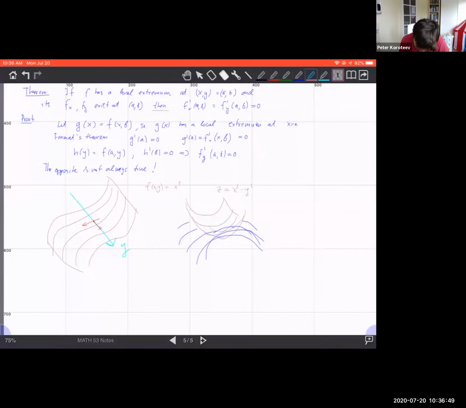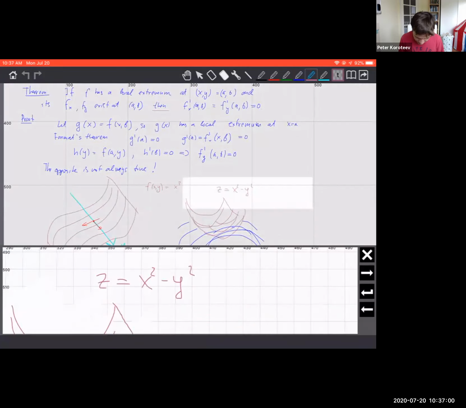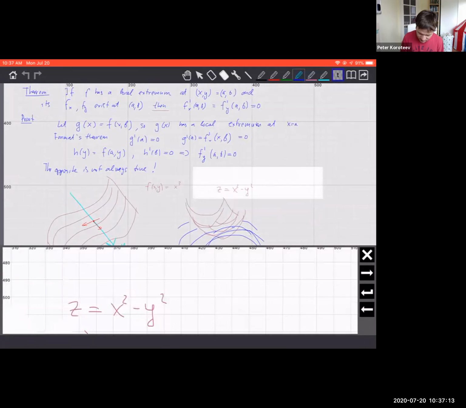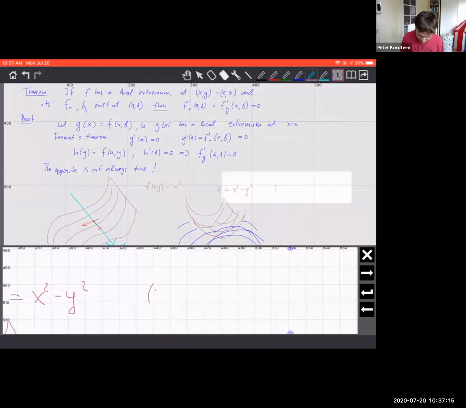And then it would go up, and then there it will go down. And so here, obviously, if you take this function and take derivatives, they are both 0 at the point 0, 0. But if you go in the y direction, you would fall off. If you go in the x direction, you would climb up. Right? So for this function, x comma y equals 0, 0 is the saddle point.